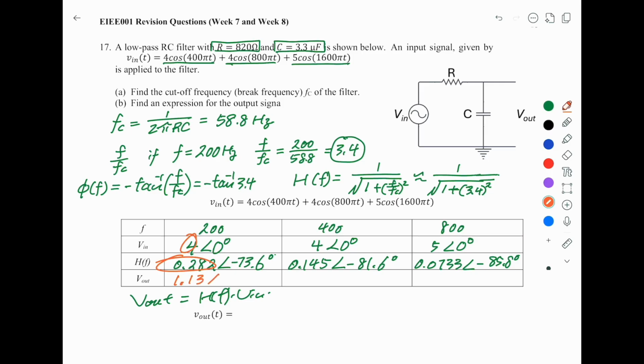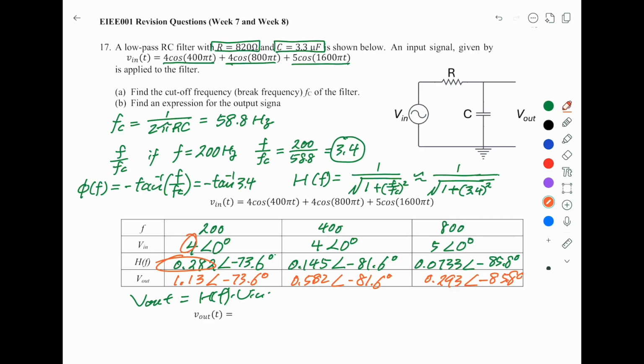So this one will become 1.13 and minus 73.6 degree, 0.582 minus 81.6 degree, 0.293 minus 85.8 degree.